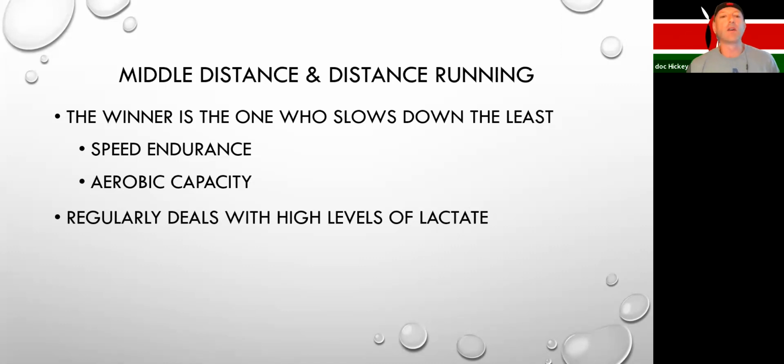The next thing we take a look at with speed endurance is it's going to be predicated on aerobic capacity, because aerobic capacity is what allows the alactic system to reload and recharge.